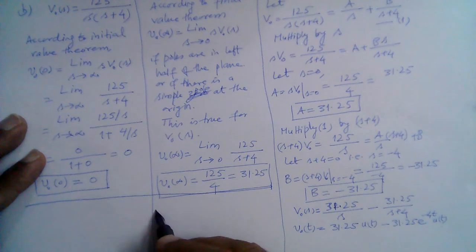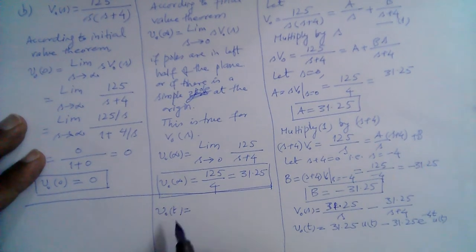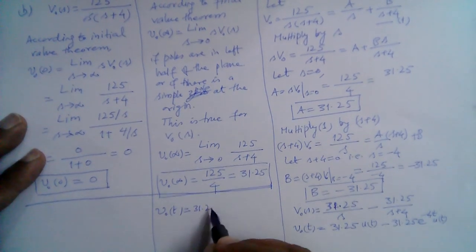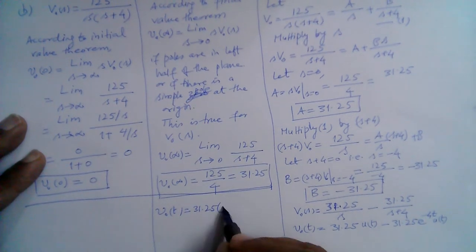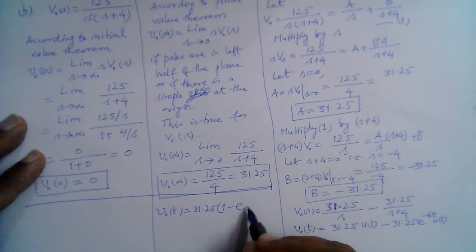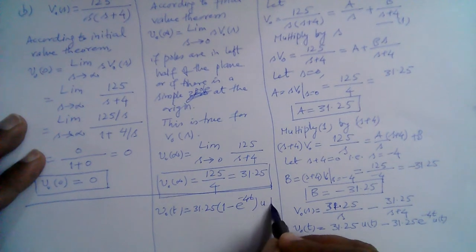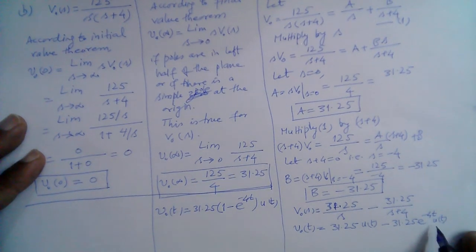So v naught t is equal to 31.25 times 1 minus e raised to the power minus 4t, and u of t. Note that u of t here signifies that this value exists for time t greater than or equal to 0. This function is valid for time t greater than or equal to 0, right?